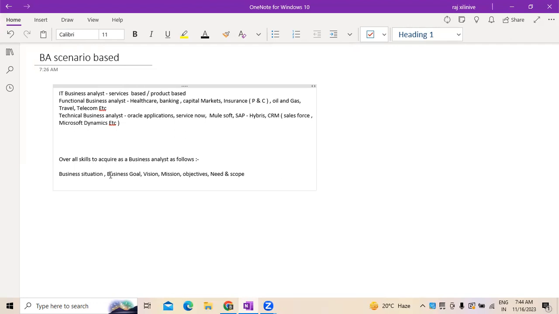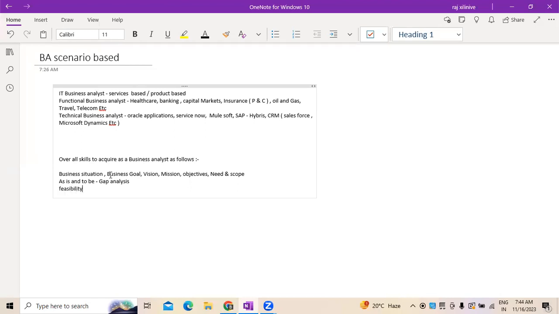Next, we need to understand the as-is and to-be process, because there will be some applications where they have an existing application and they want it upgraded to the next level. This is where we call it as-is and to-be, which is called gap analysis, right? That sort of knowledge is required.